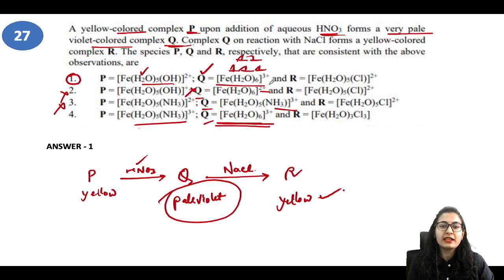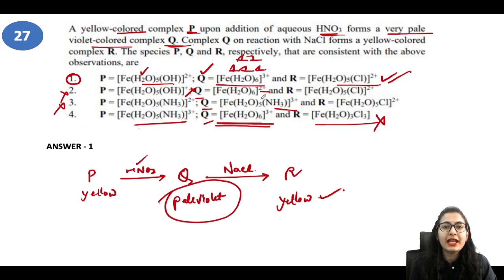It might replace one of the water molecules. It cannot replace 3 water molecules at once. So this is less possible as compared to this one, because here also we are usually just replacing one ligand. That's why option number 1 makes more sense as compared to 4. So 1 is the correct answer.